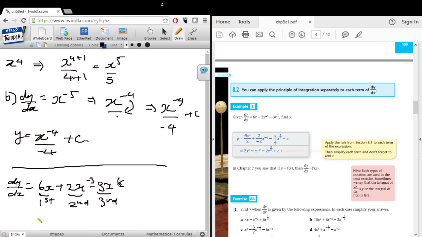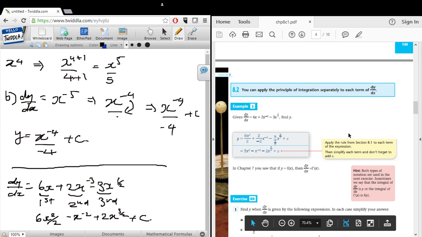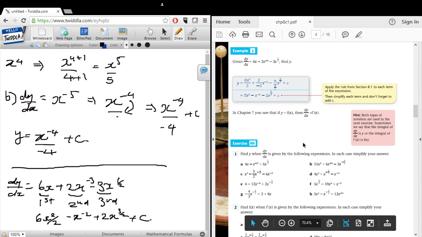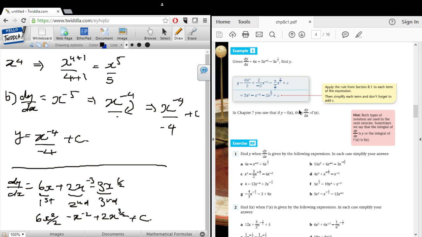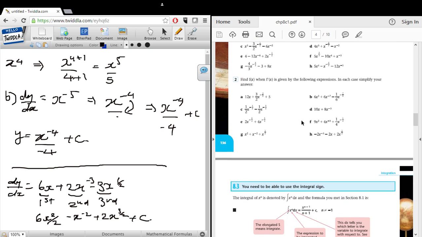So you'll have 6x^2 over 2, then you'll have minus x^(-2), and then you'll have plus 2x^(3/2) over 3, plus c. And again, it's just using the terms of integration, and this is how it's been denoted in this particular situation.